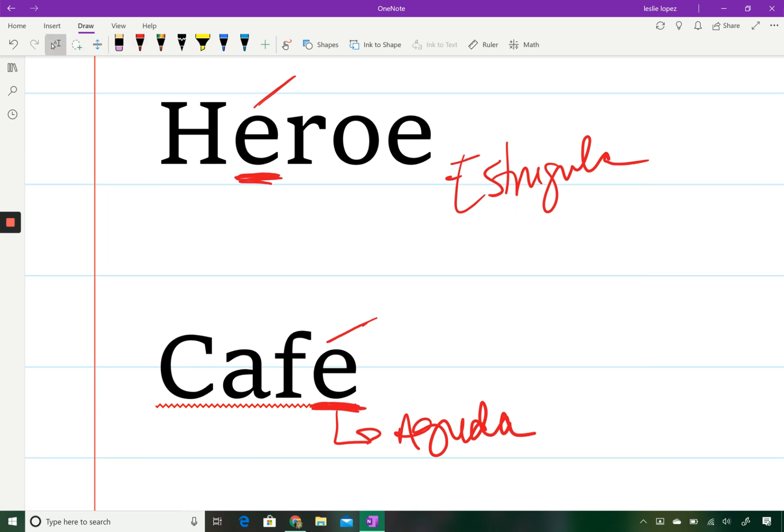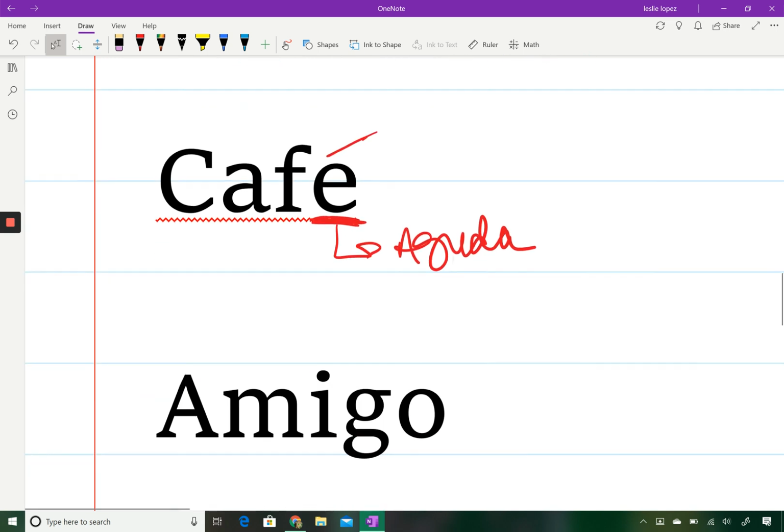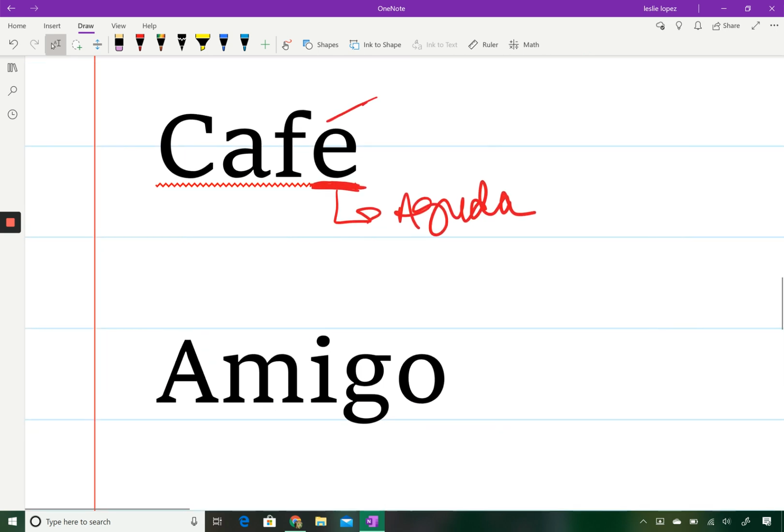Okay. So our next word is amigo. Amigo. So this word, amigo, has a clear stress on the I. That makes it a palabra llana.